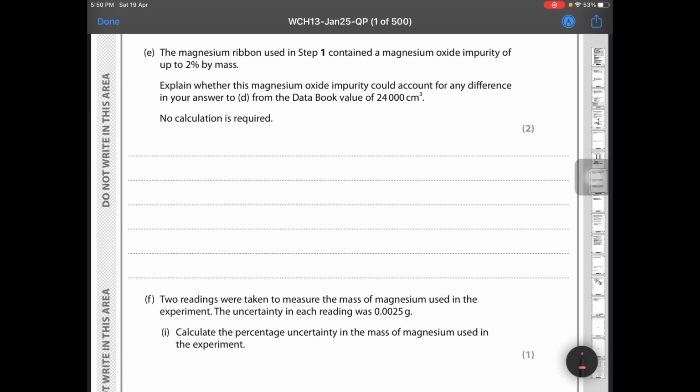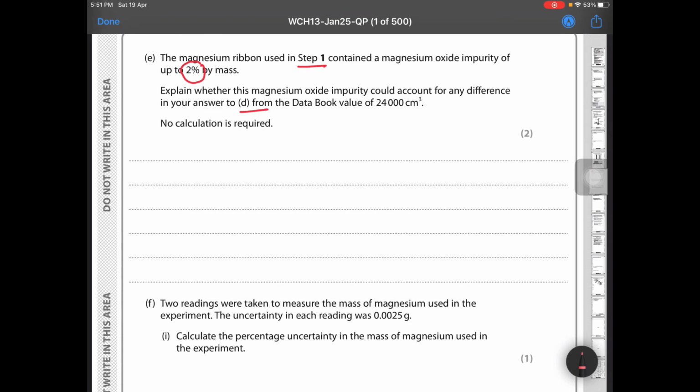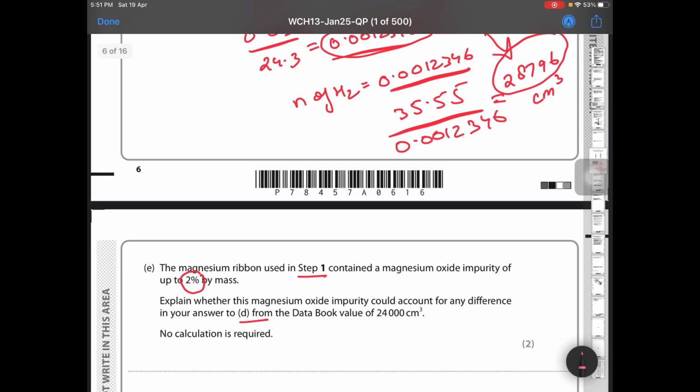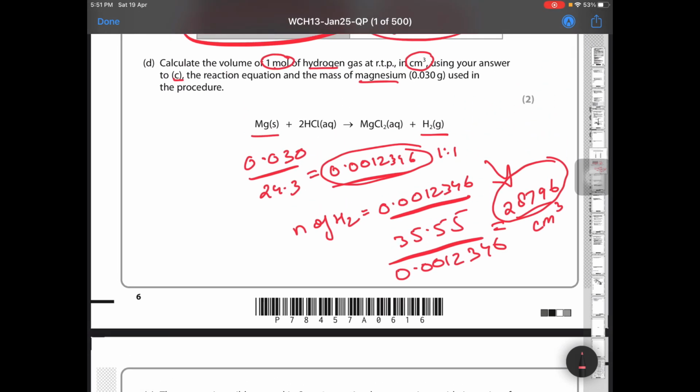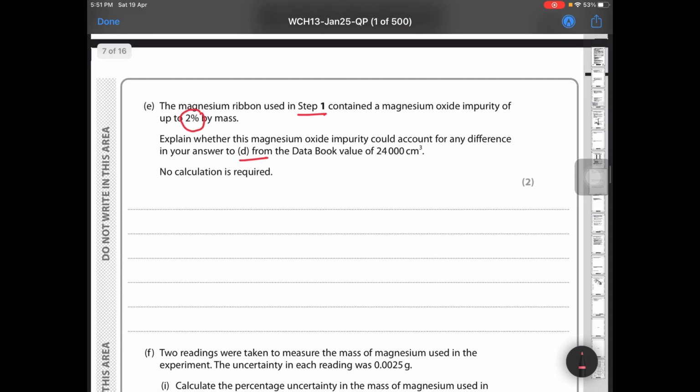So this question says if there is 2% by mass impurity present in the magnesium which you were using in step 1, whether this will affect the value which you got for answer D, and this value was the volume of 1 mole of hydrogen gas. Obviously it's saying 2% by mass of impurity in the form of magnesium oxide, so your moles of magnesium would be less.